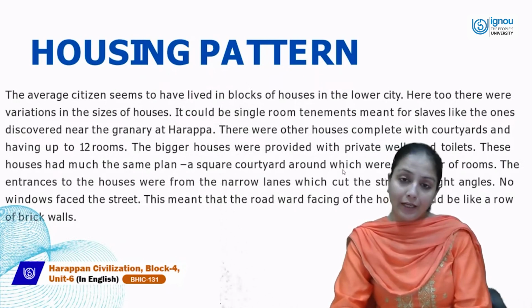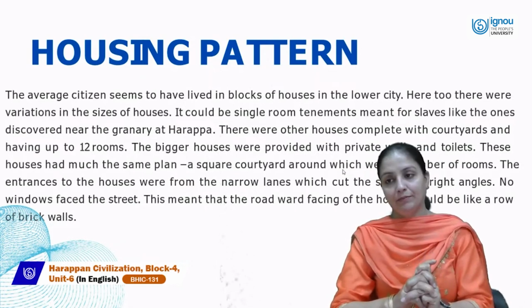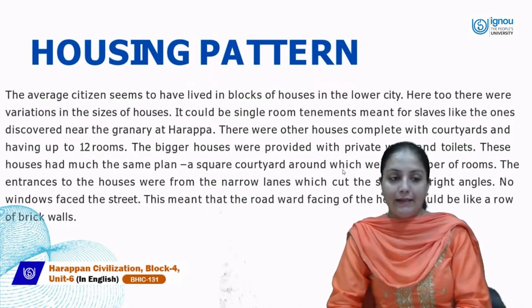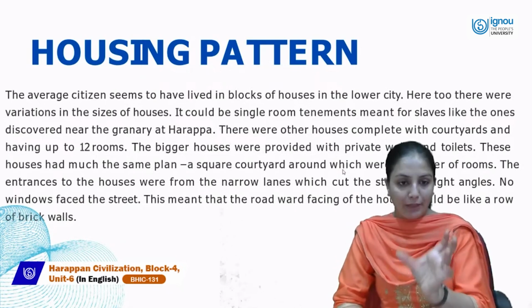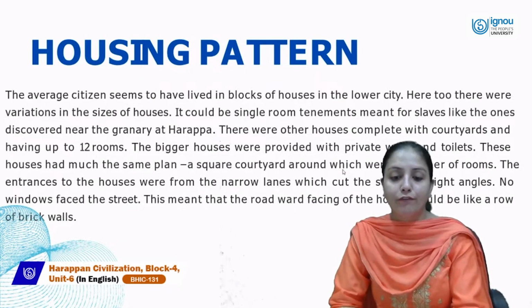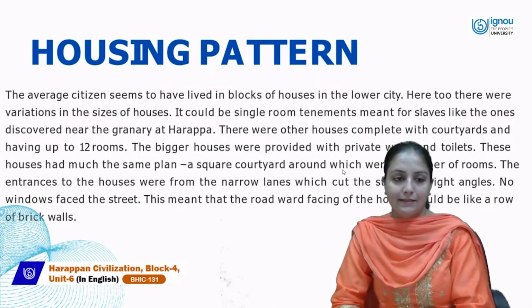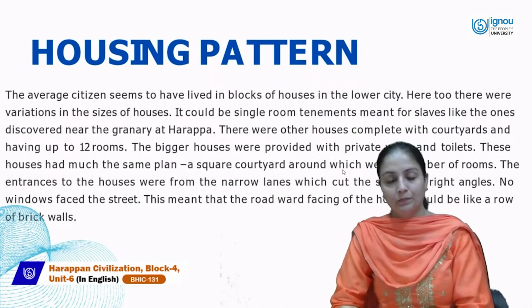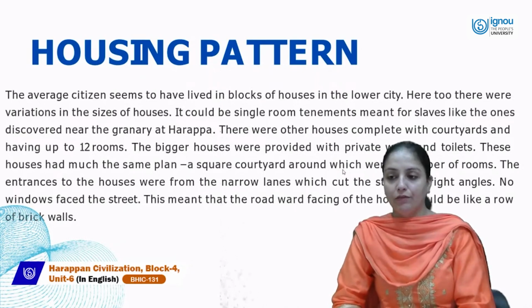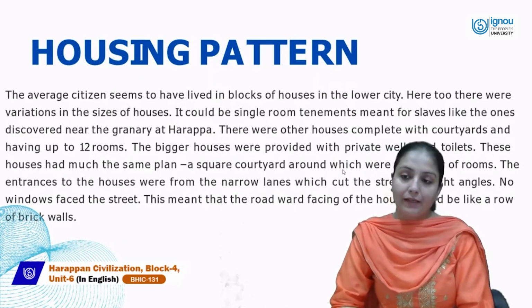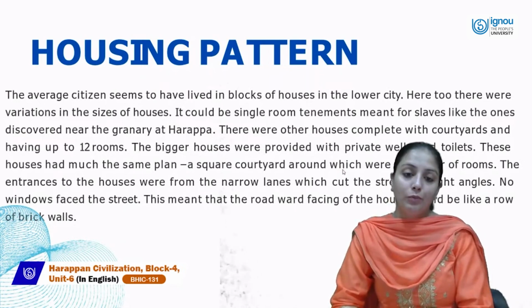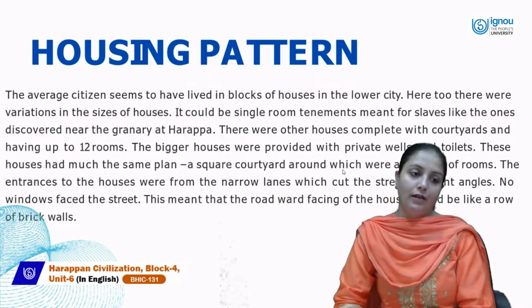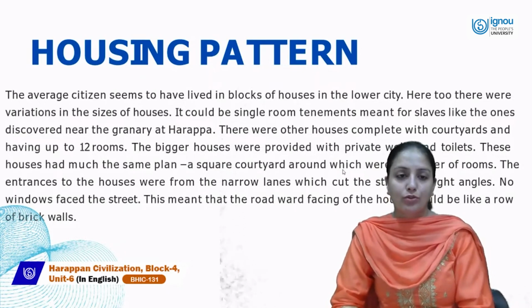And the main gate is from the back side because it was a forecast over there that if the main door is at the front of the home, then the wife of the husband of that particular home would not be lucky for all of them. That's why they built their main gate from the back side of the house. Some things they used to follow over there.